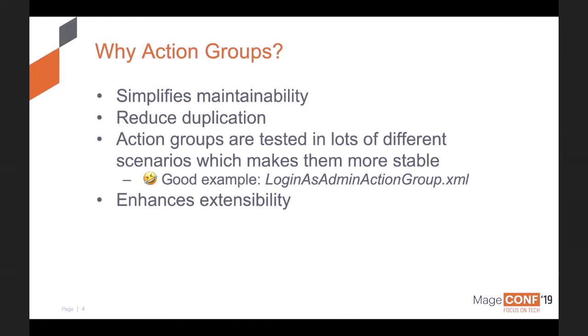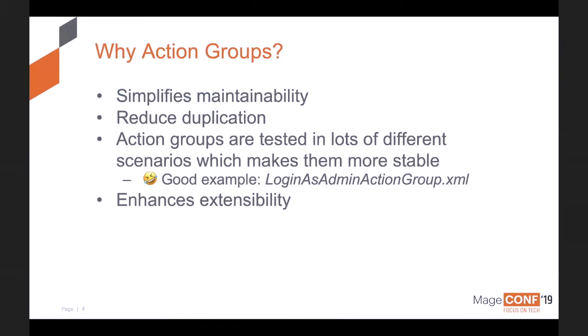By this I mean that your test will probably reuse already existing action groups which someone wrote, where someone took care of all the possible stability issues, isolation, anything. So if you use an already existing action group, you save time on writing this test.